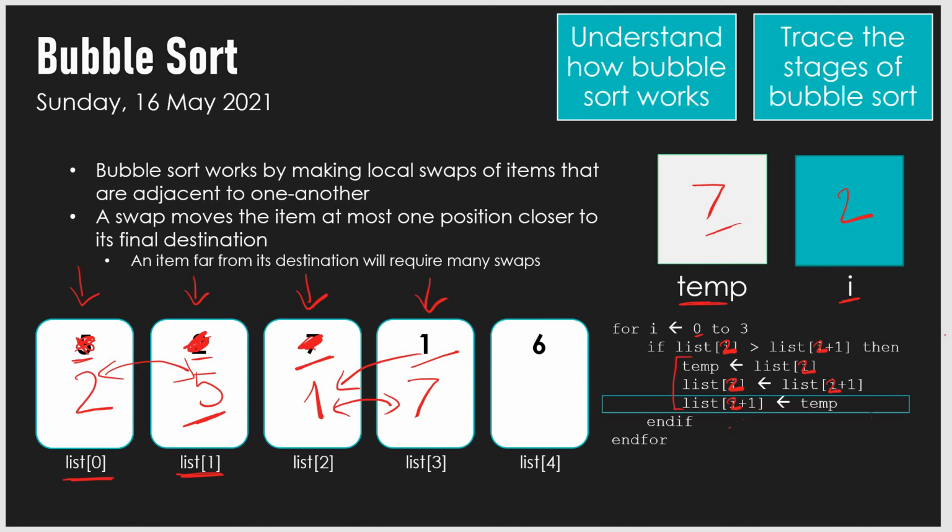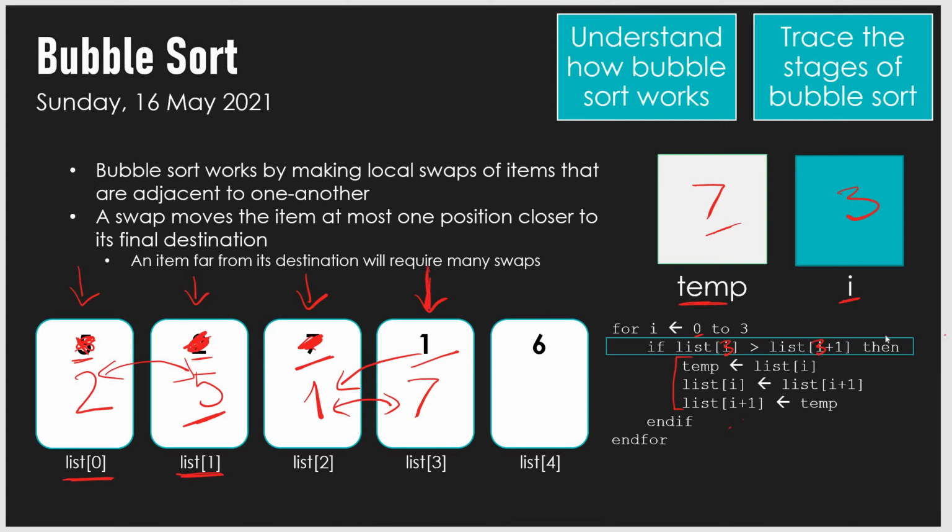And then what's going to happen is we go to the end if, end for, go up to the for loop, and we have one more increment to do. So we're going to place the value 3 in i, and then we're going to check if list index 3, forgive me, is greater than list index 3 plus 1, or 4.